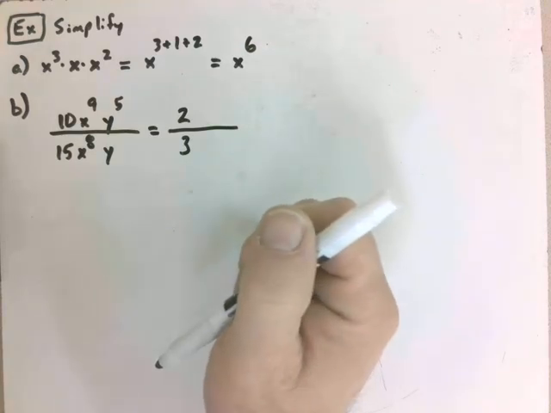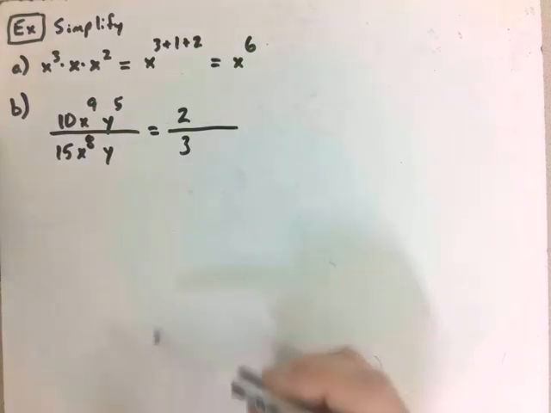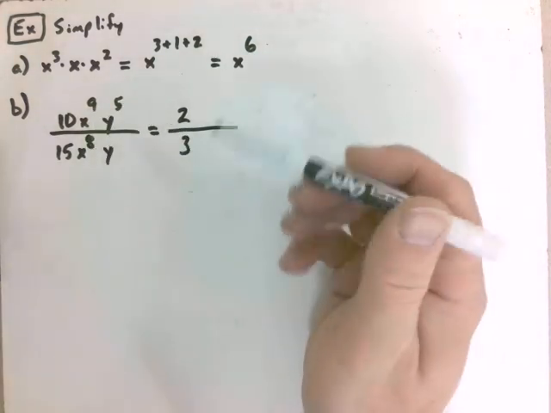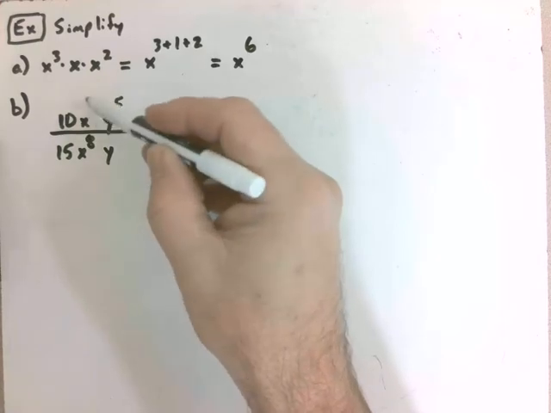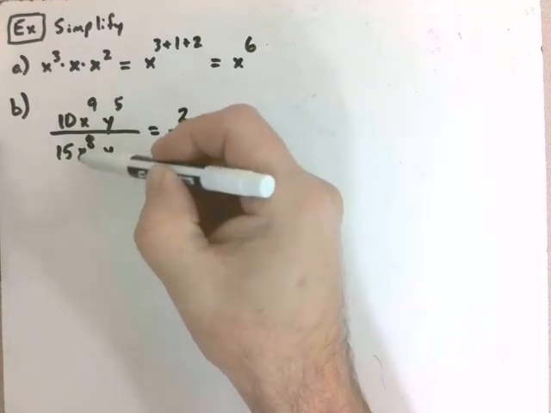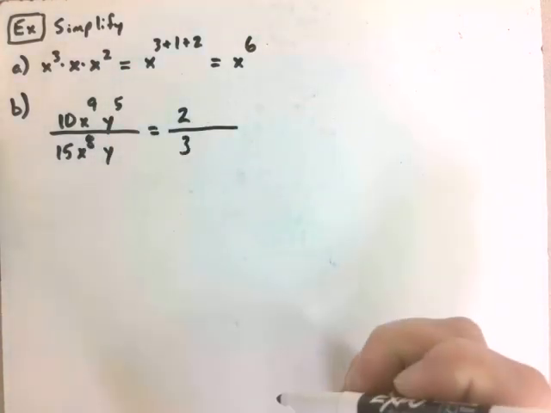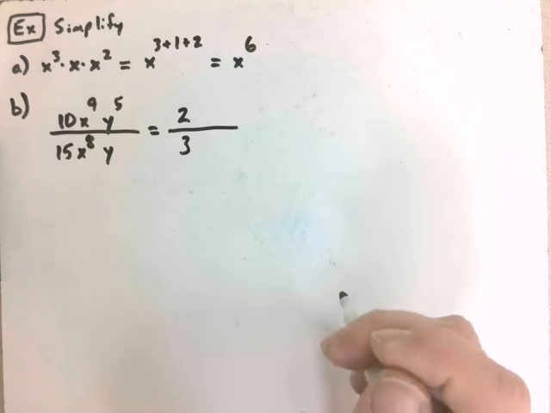Either way, you will eventually get to the right answer, but if you want to do this a little more efficiently, it does make sense to go through and to do the larger exponent minus the smaller. The larger exponent this time is on the top of the fraction, so we have x to the 9th over x to the 8th. 9 minus 8 is 1. So we're going to have an x to the first power in this problem.